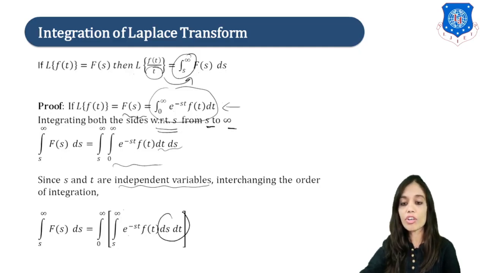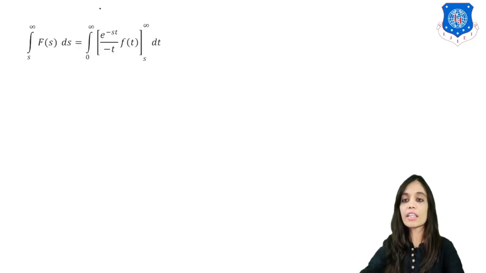We have changed the order of integration because our variables are independent. Fine. So now let us integrate this function with respect to s. So this t is constant, right? So on integration we will get integration 0 to infinity e raised to minus st upon minus t f of t, and limits are s to infinity, right?